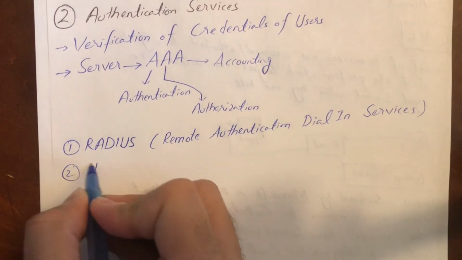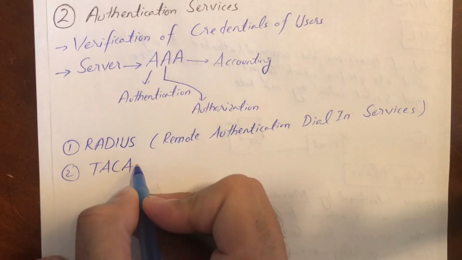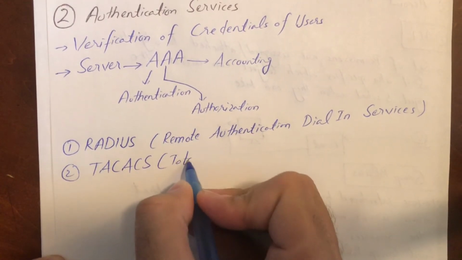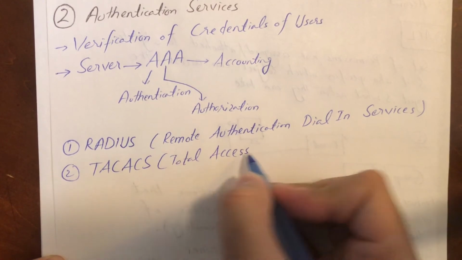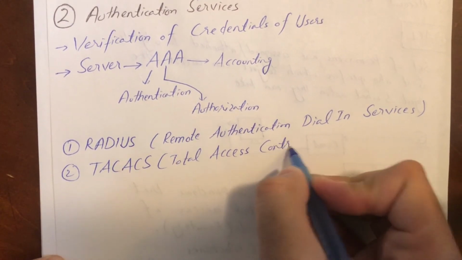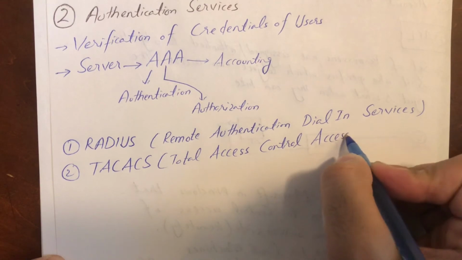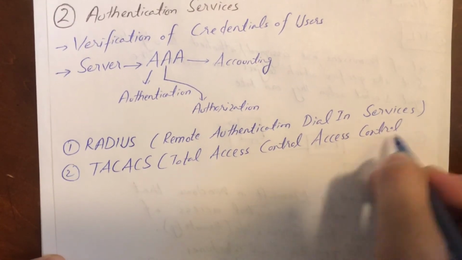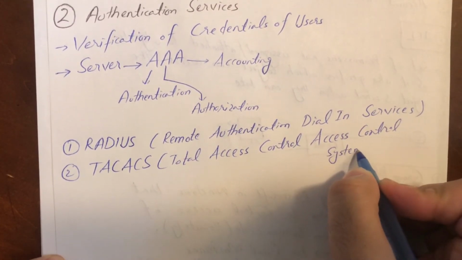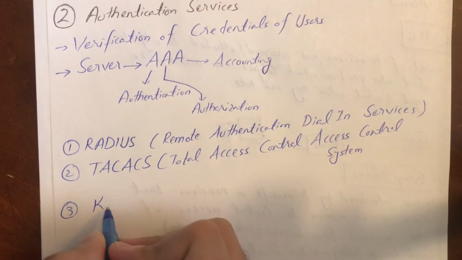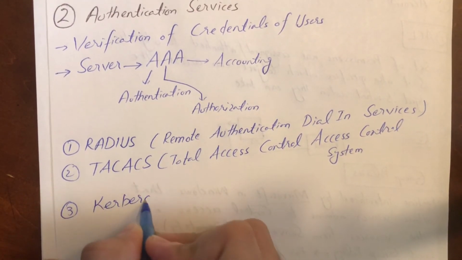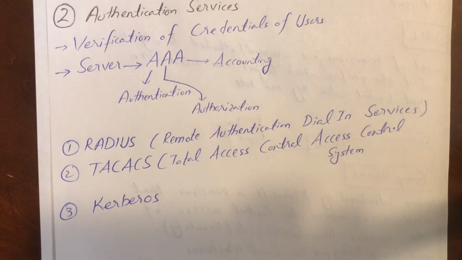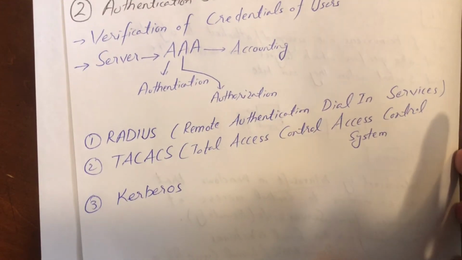Then we have TACACS, Total Access Control System. Then we have Kerberos. There are many other systems, but our book has discussed mainly these three types of authentication AAA servers. So let's start with Radius.